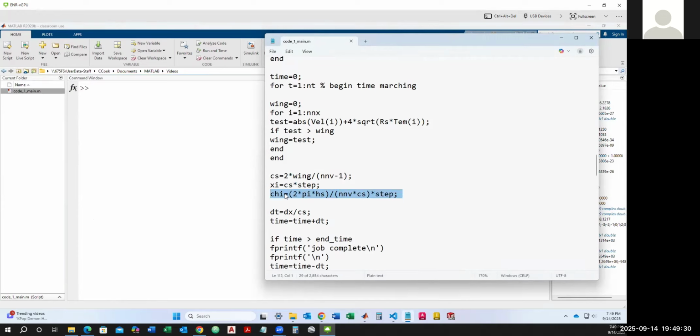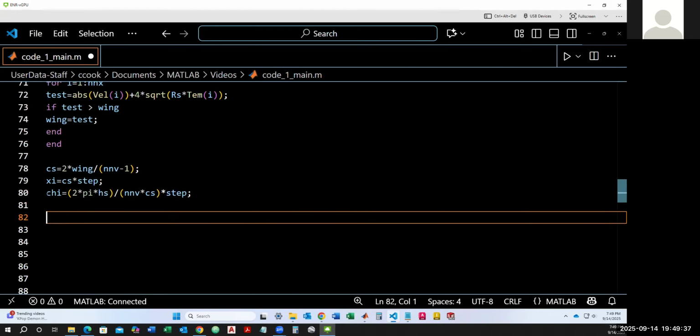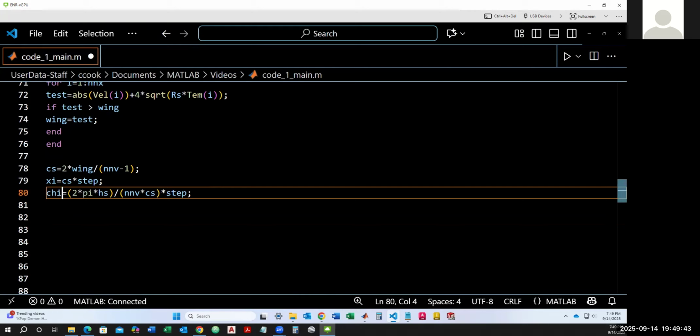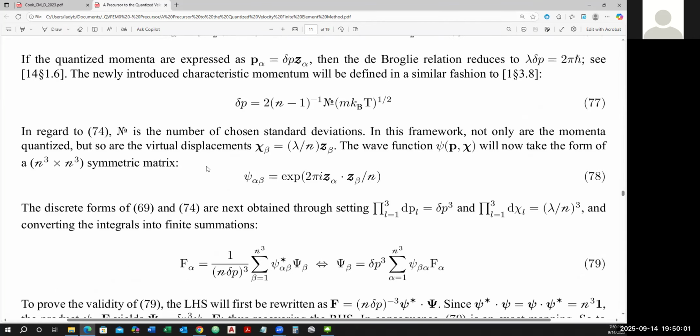Associated to the set of quantized velocities are the set of quantized virtual displacements, which I denote chi in both my dissertation and the precursor. So chi will be 2 pi h specific divided by the number of velocity nodes times the characteristic speed times that step vector. So this is your chi.